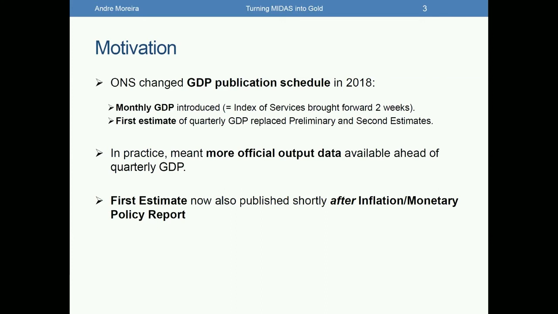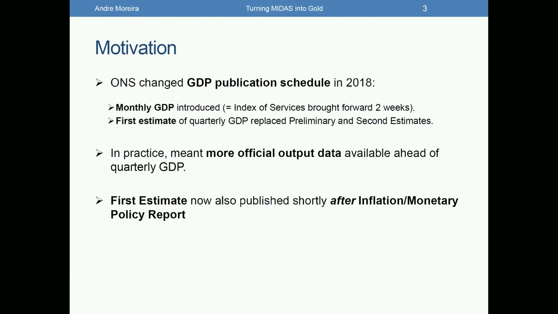In practice, that resulted in a situation where, before getting the quarterly estimate of GDP, we would be able to see five of the six months of monthly GDP data, whereas previously the first estimate of GDP would be published together with the second month of services. So that changed things quite a bit, as I'll tell you in a second.